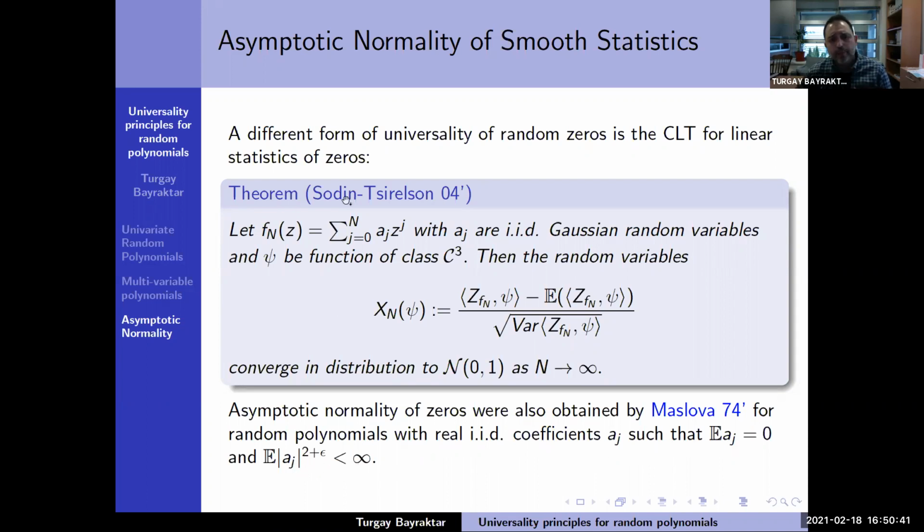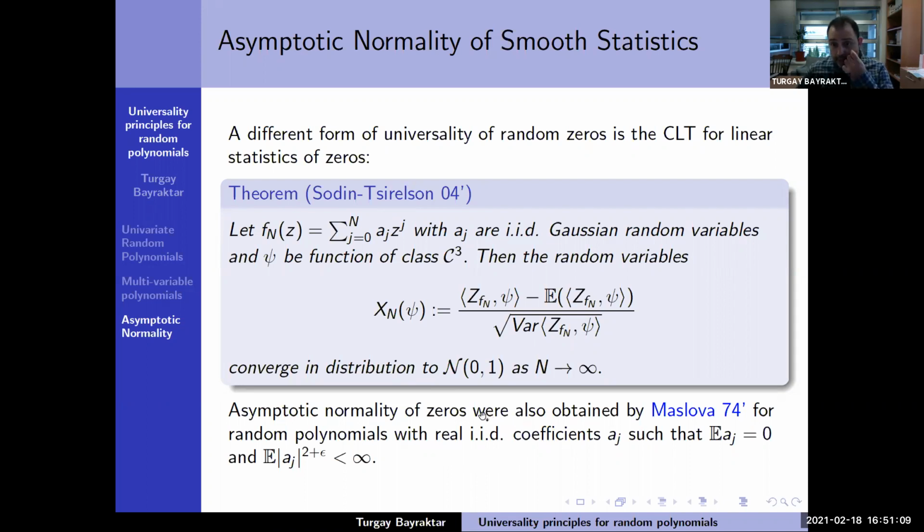But this paper of Sodin and Tsirelson treats two different models as well, not only the Kac ensemble. It's more recent, and I think they treat the Weyl ensemble. They also treat the elliptic ensemble and obtain the same result for those models as well, whereas this was only for the Kac ensemble.